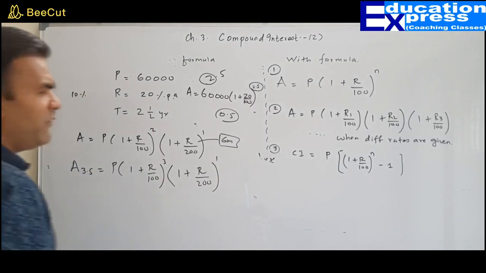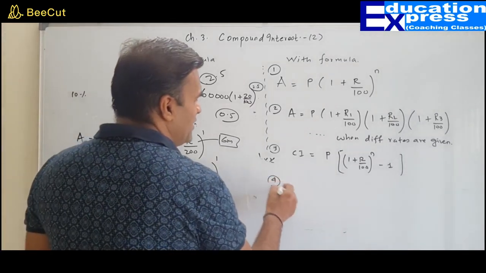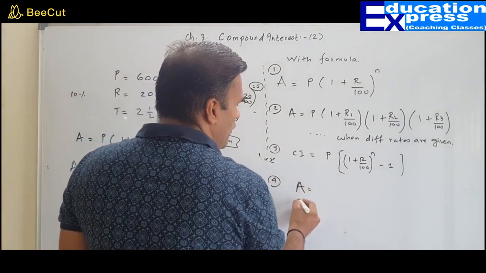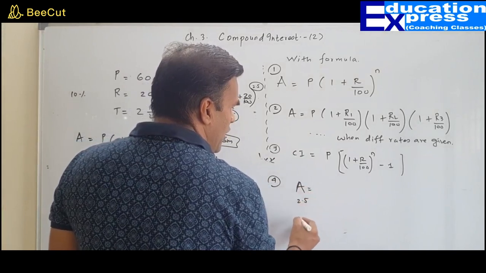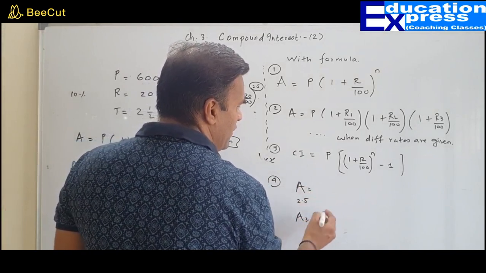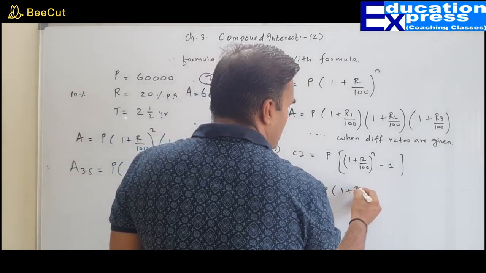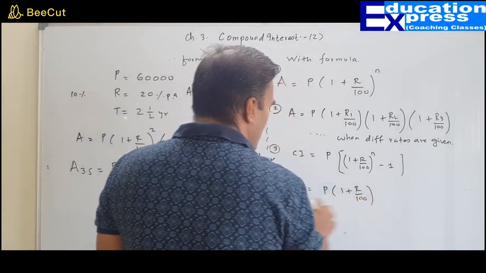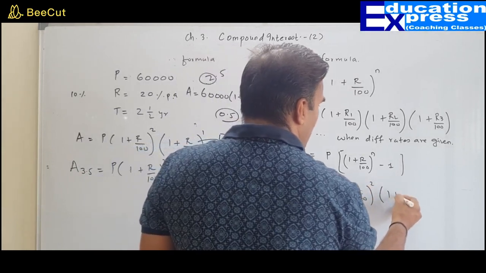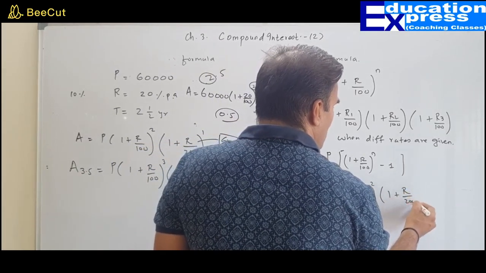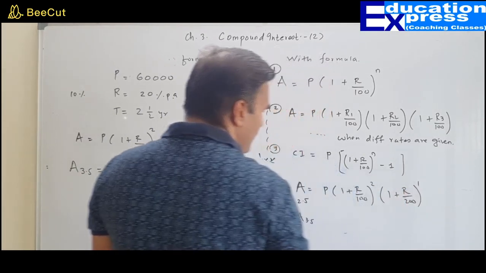In short, my fourth formula would be, in case you want to find out the amount for 2.5 years or 3.5 years, the formula that you should be adopting is P, 1 plus R upon 100 raised to 2, 1 plus R upon 200 raised to 1.